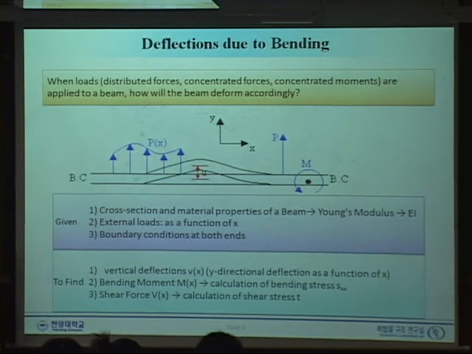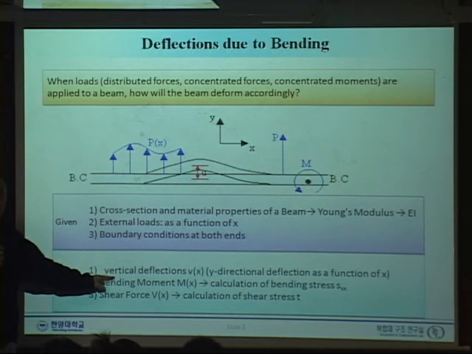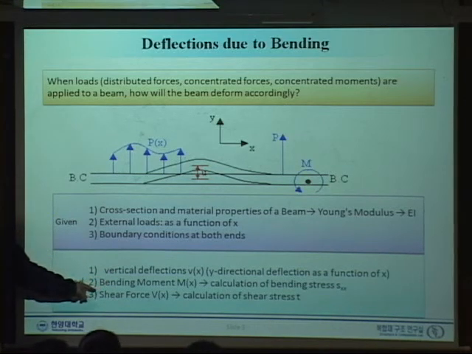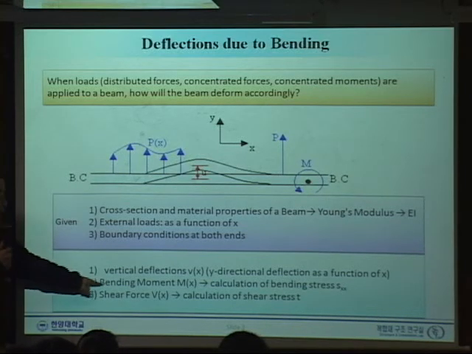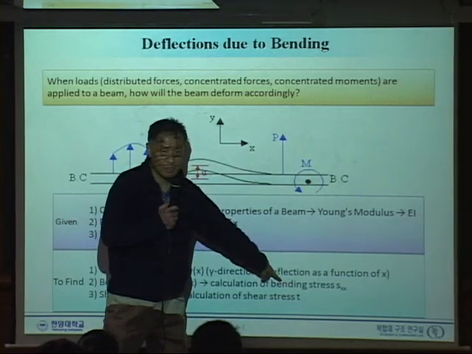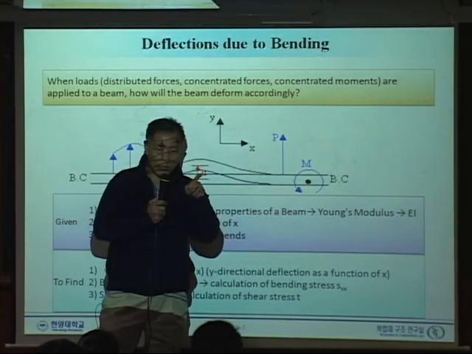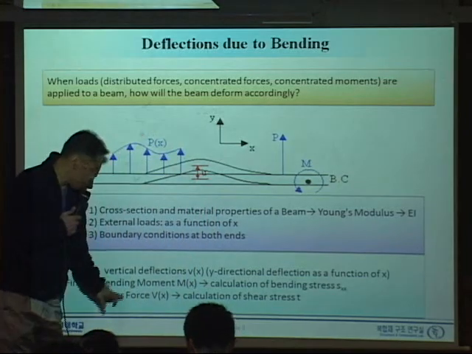And then here is what to find. First, the vertical deflection v(x), the y-directional or vertical deflection as a function of x. And once we have deflections, we can always calculate the moment distributions. Once we have a moment, we can calculate the bending stress. You know, sigma is given in terms of the bending moment.